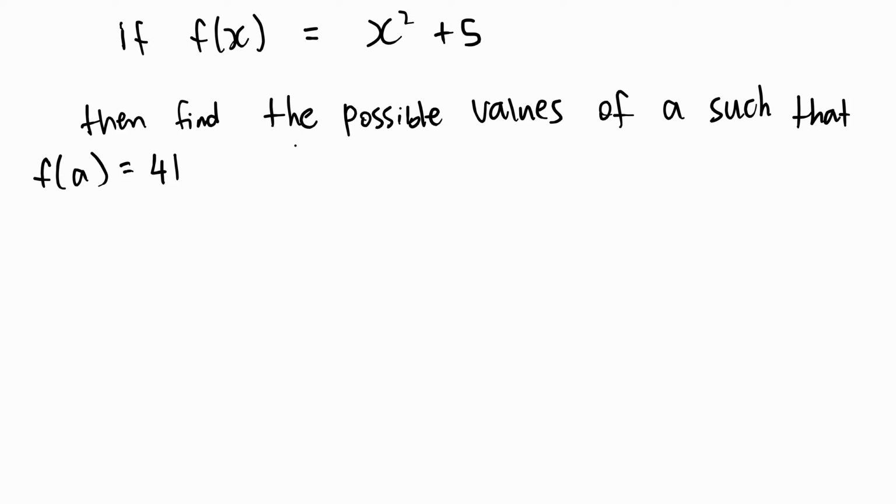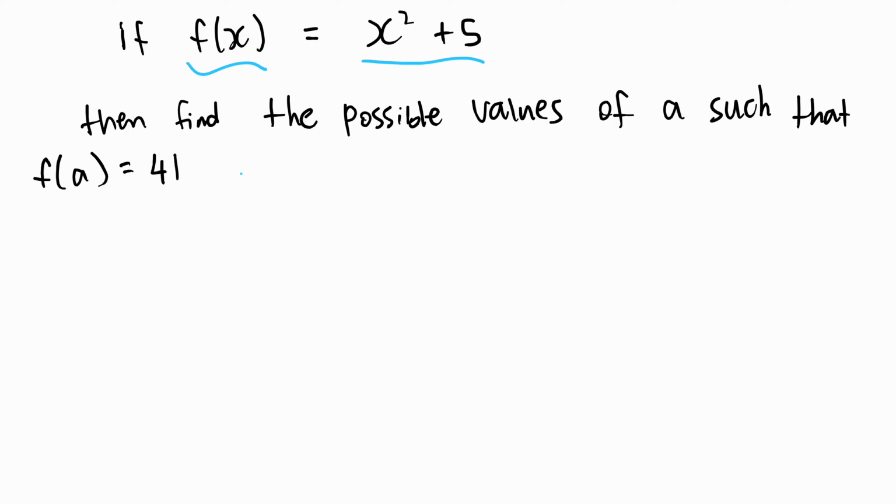Okay, this is going to be confusing. I'll try to explain it in a simple way. We're told that f of x is equal to x squared plus 5. Then we're told to find the possible values of a such that f of a is equal to 41.